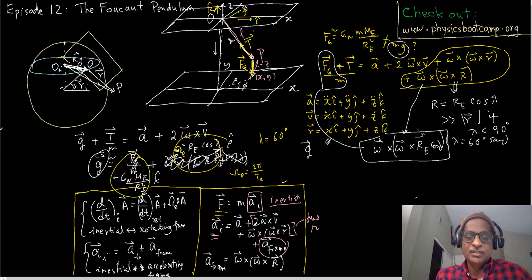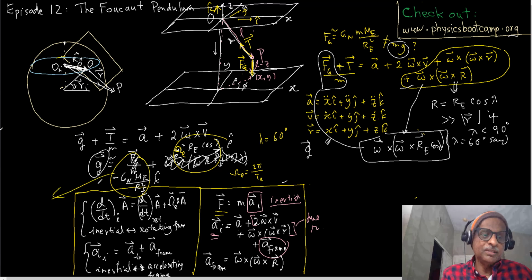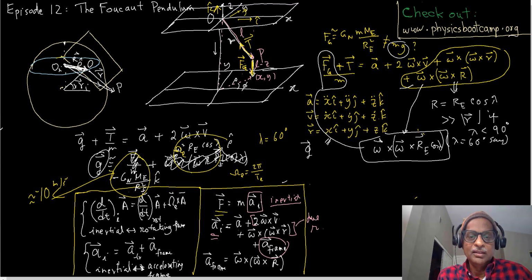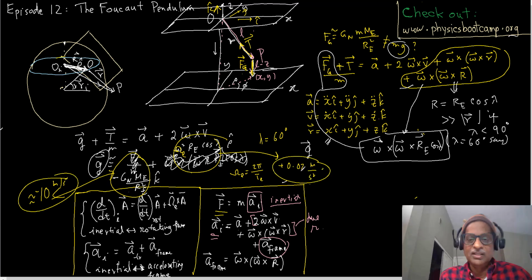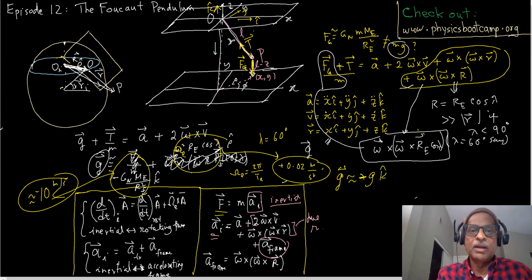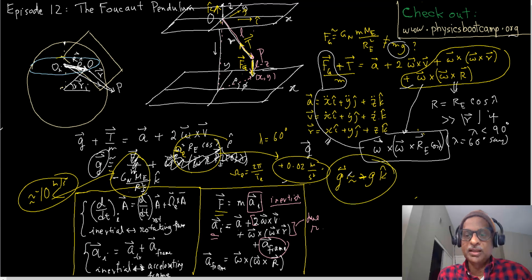So plug in there, you find that this is close to minus 10 meter per second squared, and this stuff is plus 0.02 meter per second squared. So very different. It's a very small effect, so we can just kind of ignore it. We can say g is minus g k hat. k hat is up, the g will be down. So we're going to just say g is that for us when we do the calculation.